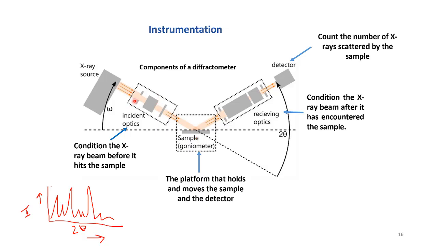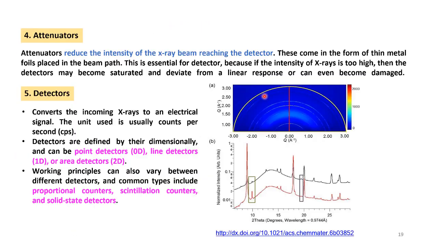Because we know that a very high voltage and very high intensity beam is falling on the sample. If everything is getting scattered, in that case we are not able to get the signal, because most of it is getting scattered or reflected. So we need to put an attenuator to get the desired signal out of it. So that is the part of the attenuator.